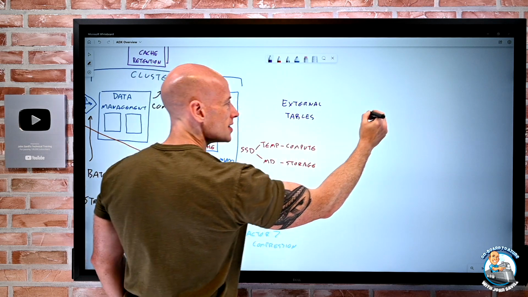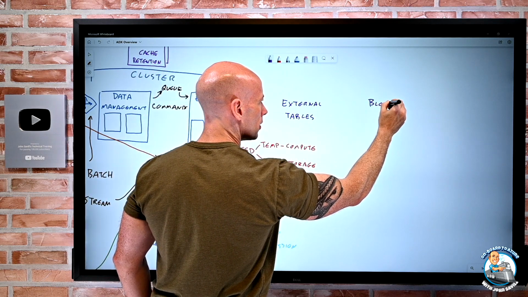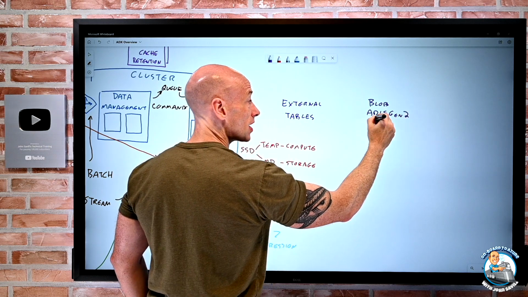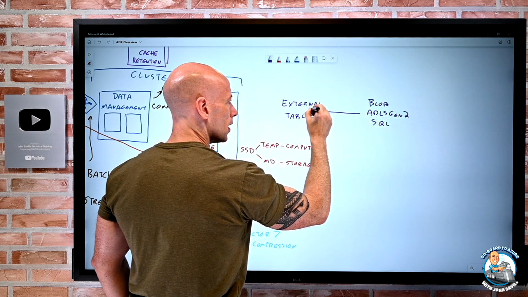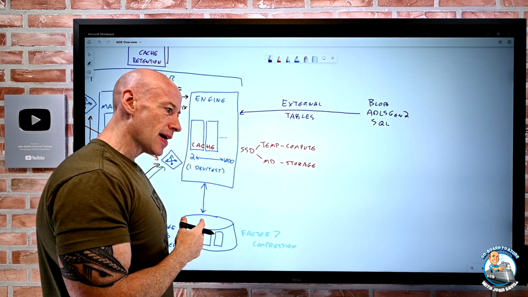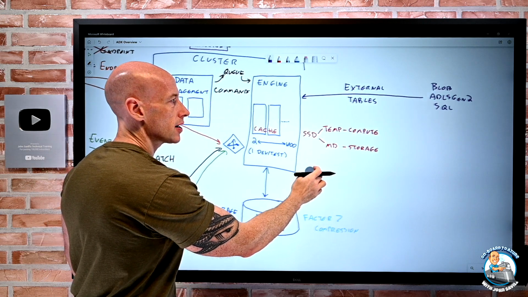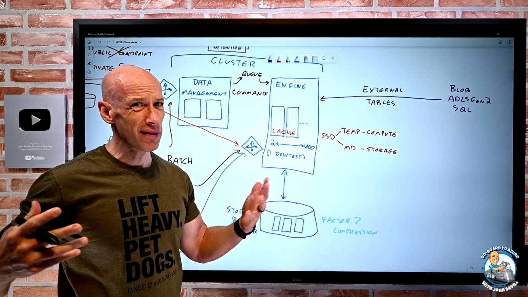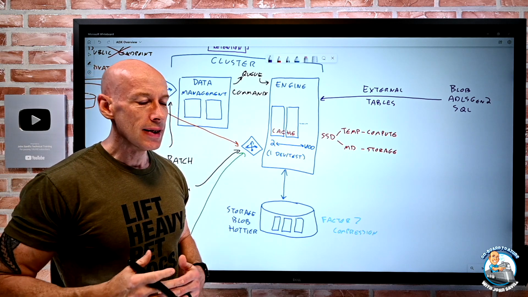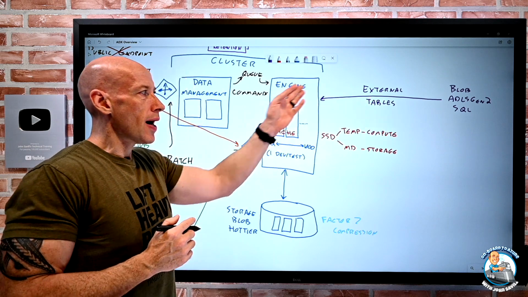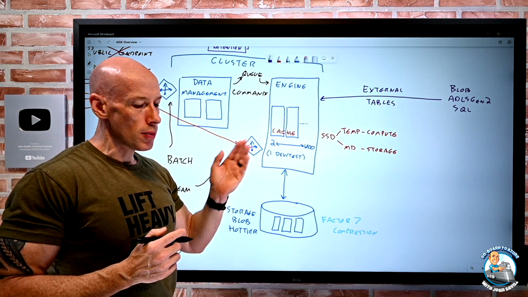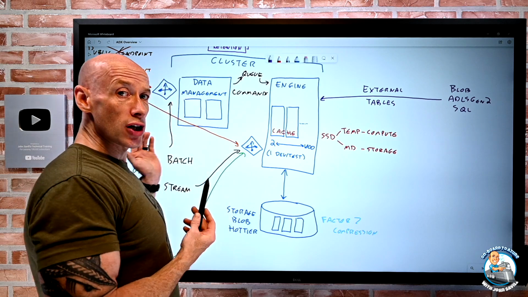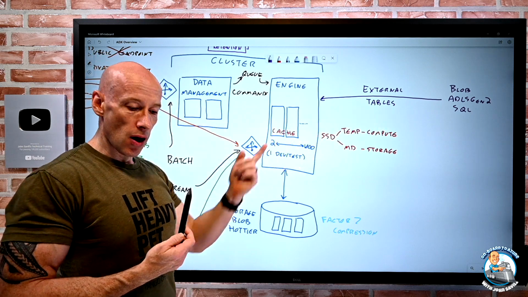So if my data is sitting in a blob, ADLS Gen 2, a data lake, or it can even be in SQL, I can define that as an external table. So now I can treat that, again, it might be a Parquet file, for example. Think Polybase is really what this is acting like in a traditional data warehouse. I'm now going to expose this data to my engine so I can run queries against it. And those same formats I can use for ingestion, I can use as part of that external table.